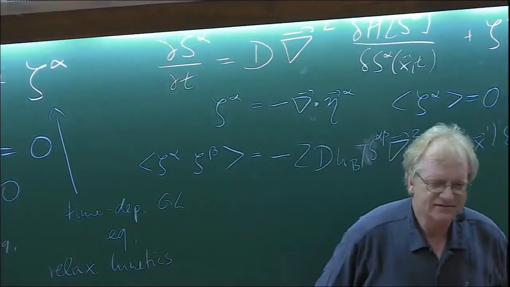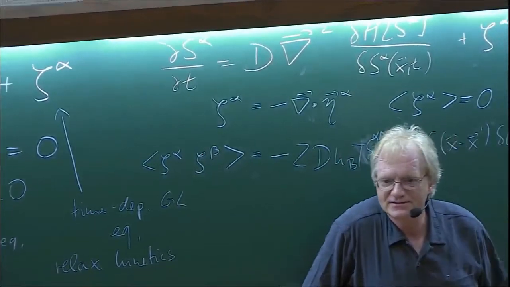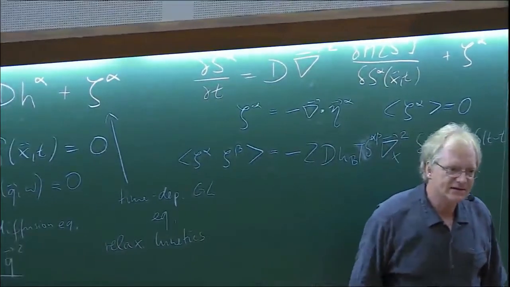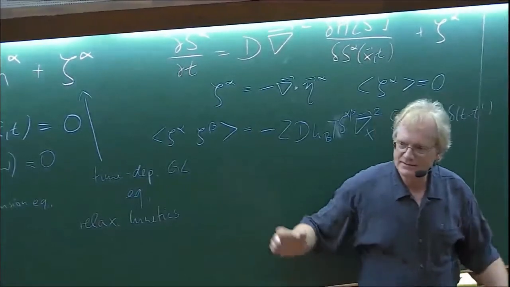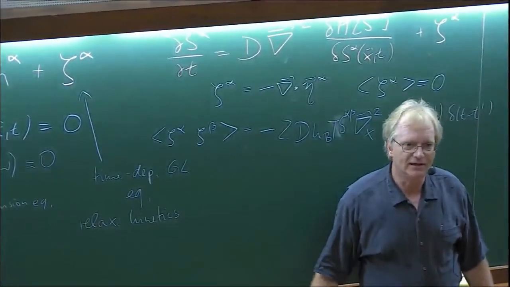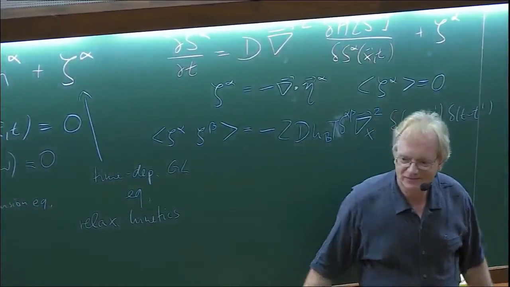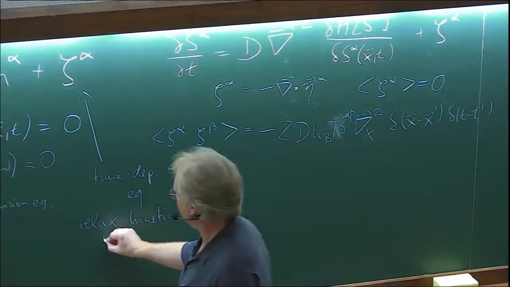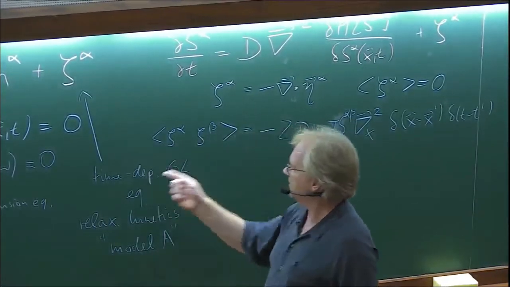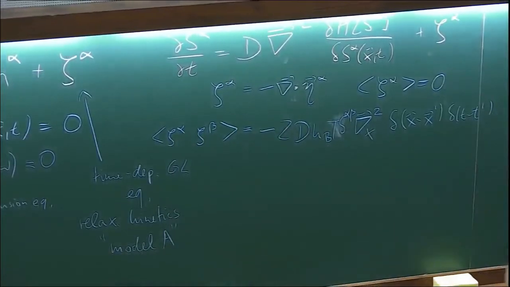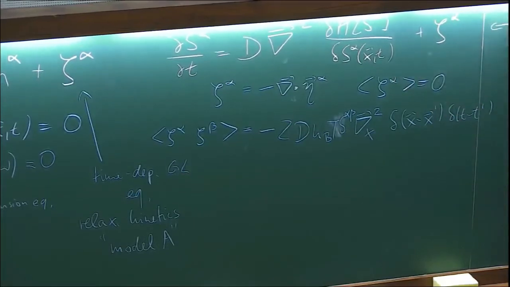In 1977 or so, Bert Halperin and Pierre Hohenberg wrote a really nice Reviews of Modern Physics summary of critical dynamics, and they just listed different models by alphabet. That's the simplest one, so that came out to be model A. And for interesting sociological reasons, this model A terminology has survived, so we still call that model A, or again, time-dependent Ginzburg-Landau equation. Now you can guess that the next simplest version, for conserved order parameter, is called model B.